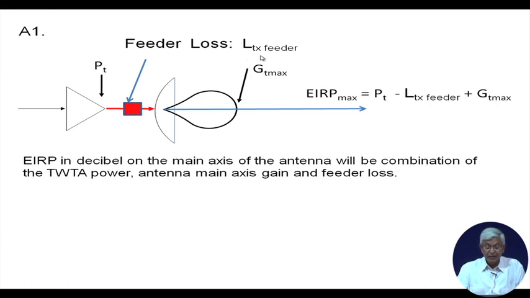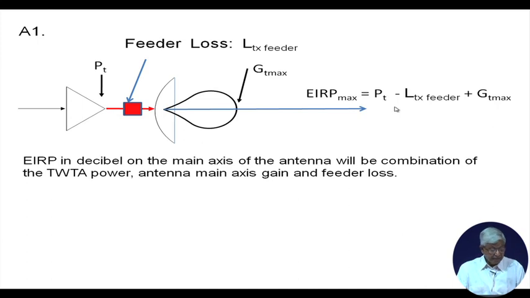Let us call it TX feeder, transmit side. Similarly, on the receive side there may be an RX feeder, but in this case it is the transmit feeder. And then the gain of the antenna, this is a parabolic antenna which has some peak, and that is on the peak axis, the maximum gain. So, EIRP maximum will be the transmitted power output from the amplifier minus the loss plus the gain, that is the maximum EIRP.